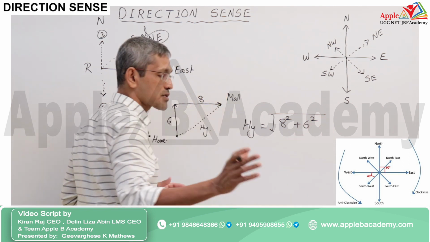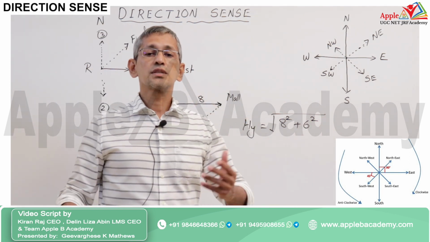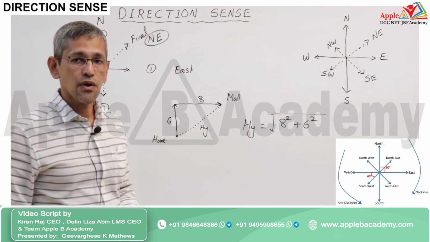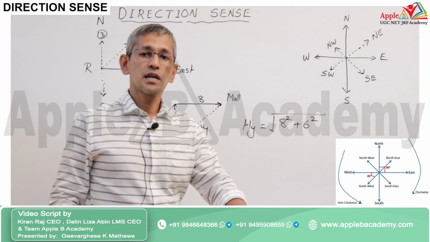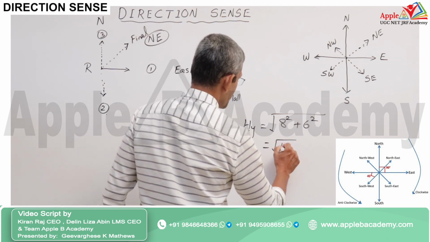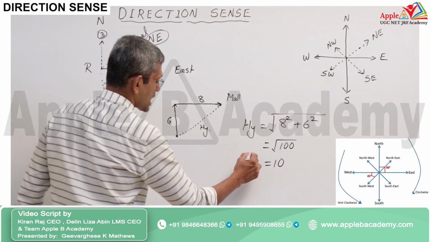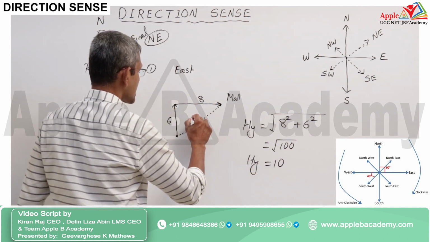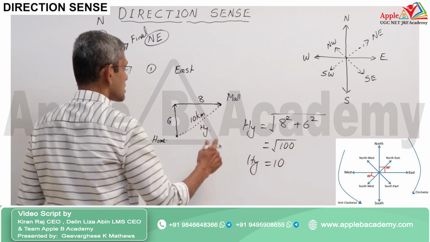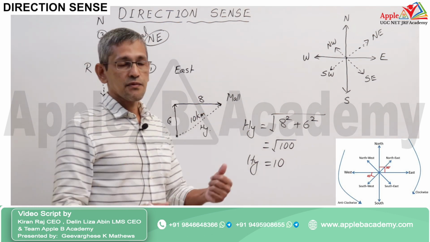So 8 squared plus 6 squared. 8 squared is 64, 6 squared is 36. 64 plus 36 is 100. Root of 100 is 10. So the hypotenuse, that means this length, is 10. The straight line distance is 10 kilometers. That's it. So that's the second type of question.